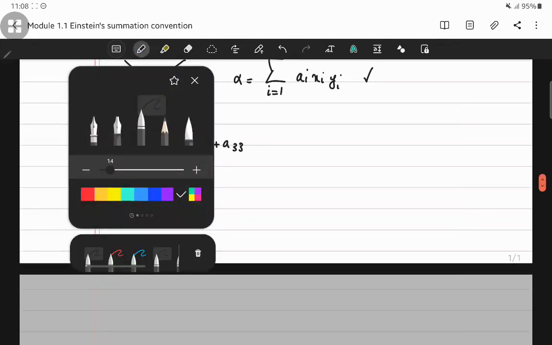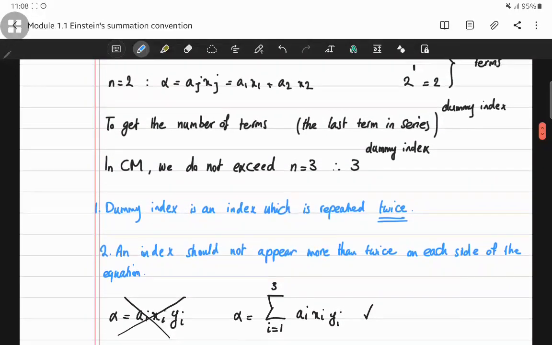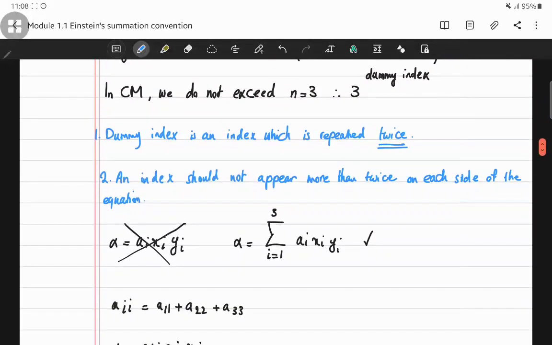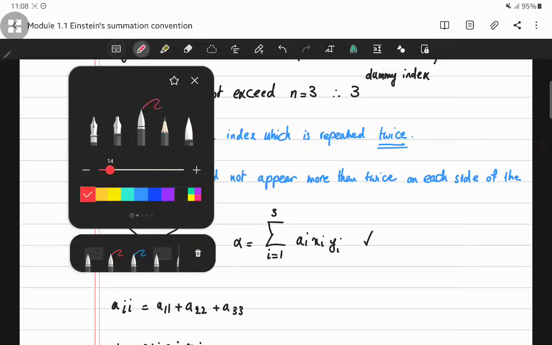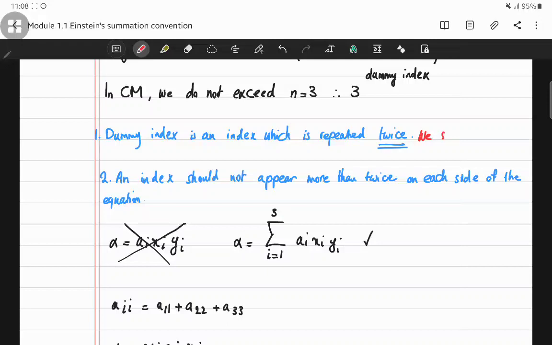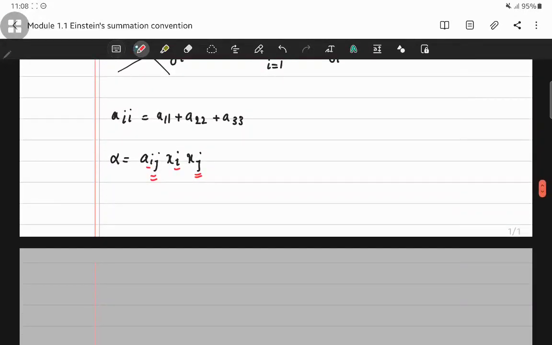So maybe it's a good idea to write it here. We sum over the repeated index or indices, of course. So here we also sum over the repeated index. Let's get started with i equal to 1. So i is 1.